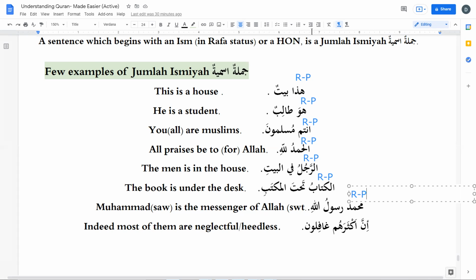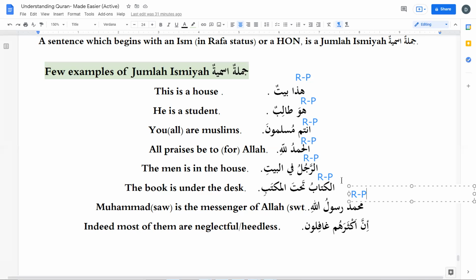So either we have an ism in rafa status, mostly a proper noun, or we have a sentence that starts with harf of nasb. And the harf of nasb and the ism that is in nasb status both constitute the subject of the sentence.